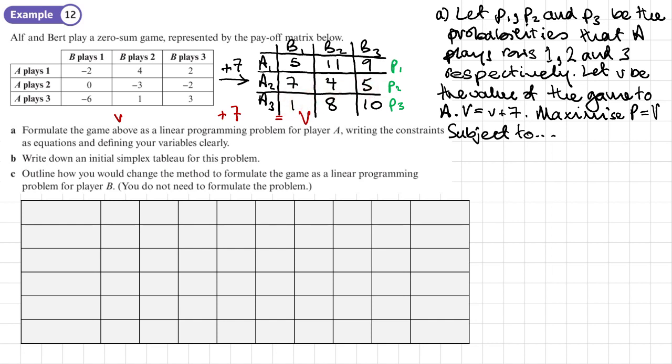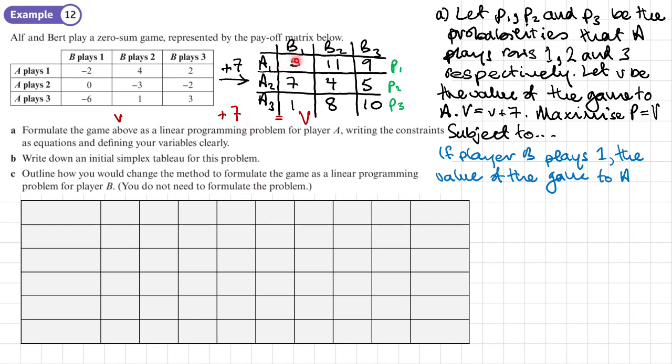So for example, if player B plays 1, they play column 1, the value of the game to A is going to be this. And we'll just go down the column.